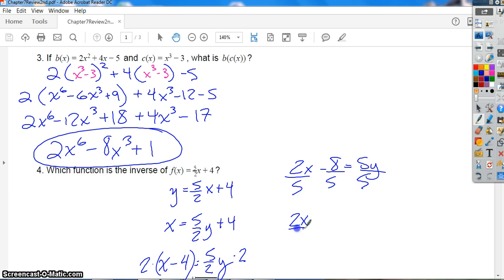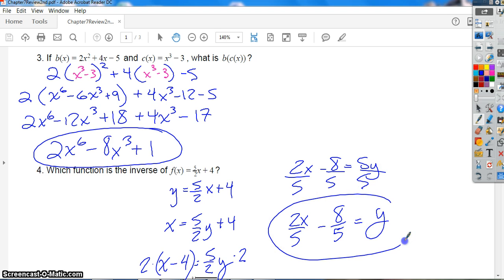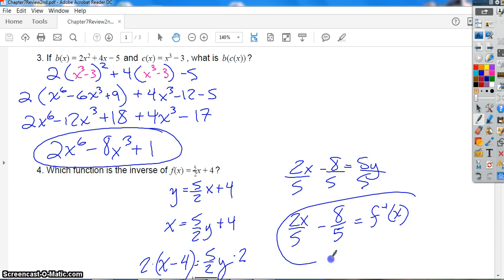So, 2x divided by 5 minus 8 fifths equals y. And this would be my inverse function. If you want to really write it as an inverse, you could write it as g of x, or you could write it as f to the negative 1 of x. Any of those is completely fine with me.